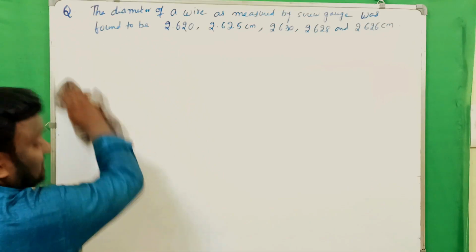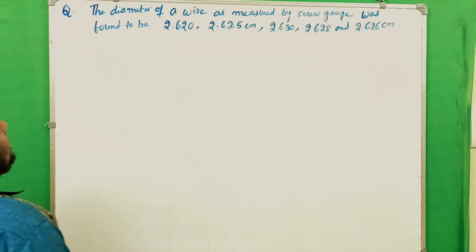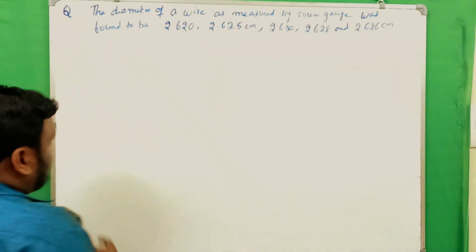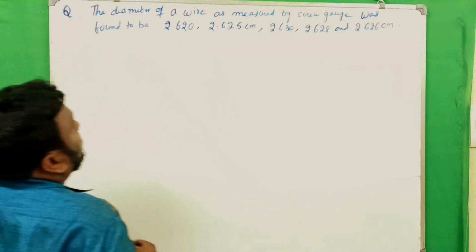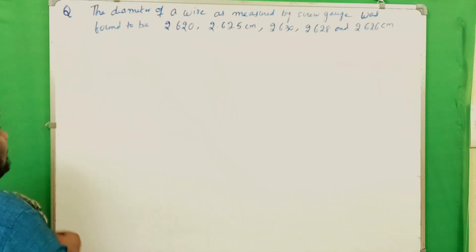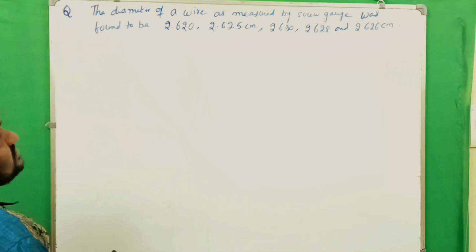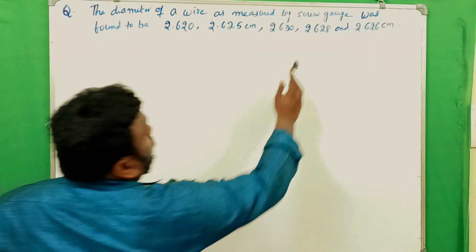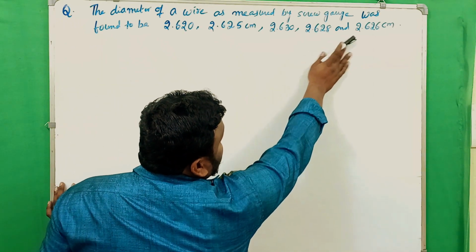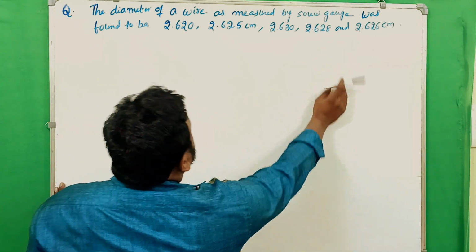The question is like this. The diameter of a wire as measured by the screw gauge was found to be 2.620 centimeters, 2.625 centimeters, 2.630 centimeters, 2.628 centimeters and 2.626 centimeters.